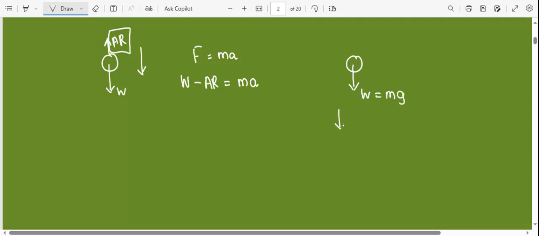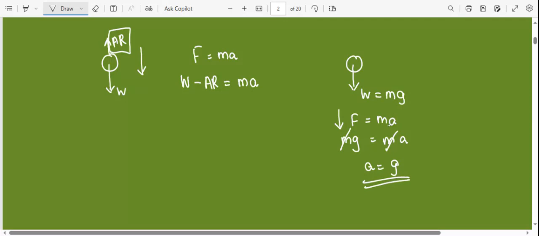So if we apply F equals ma to this situation, weight is equal to mg, so mg is equal to mass into acceleration. Both sides have mass, so we get acceleration is equal to g.